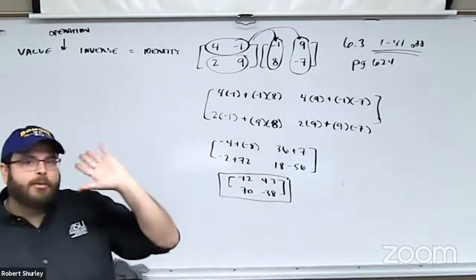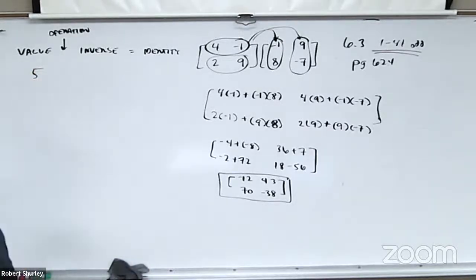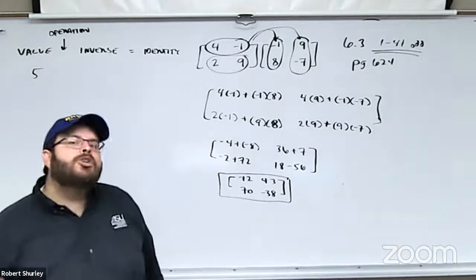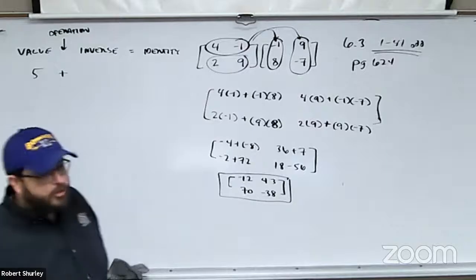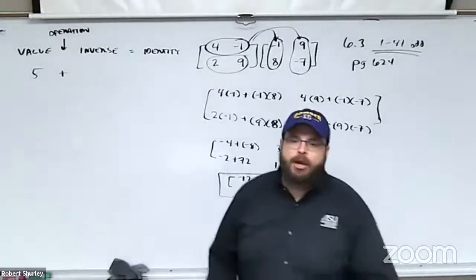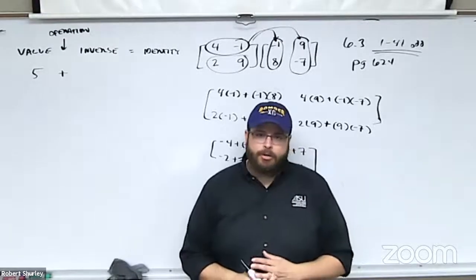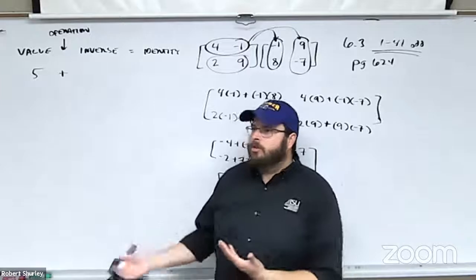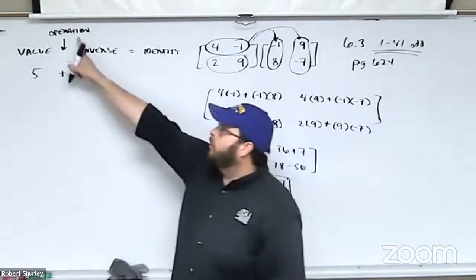Let's say we had the number 5. That's our value, okay? For the operation, let's do addition. So the inverse with addition is always just the opposite sign of the number you start with. So we started with the number 5, right? And then we want the inverse of the operation.